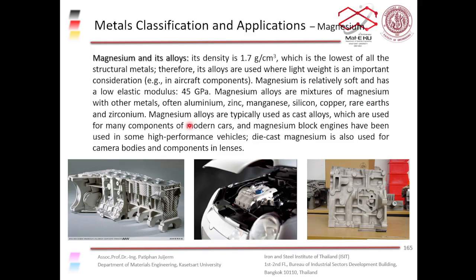Magnesium alloys are typically used as cast alloys because the melting point of magnesium is relatively low, so it's easily cast into the shape that you want.